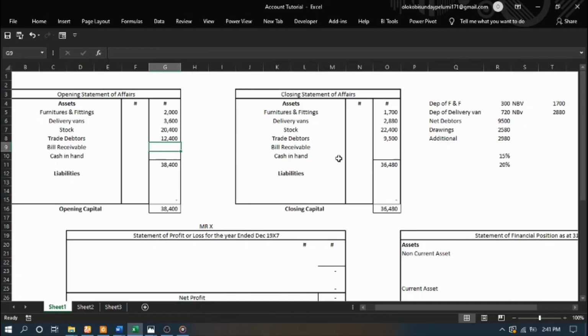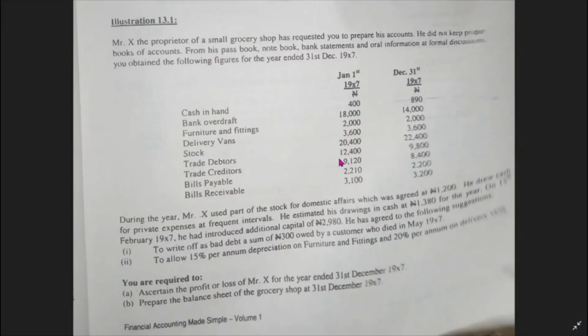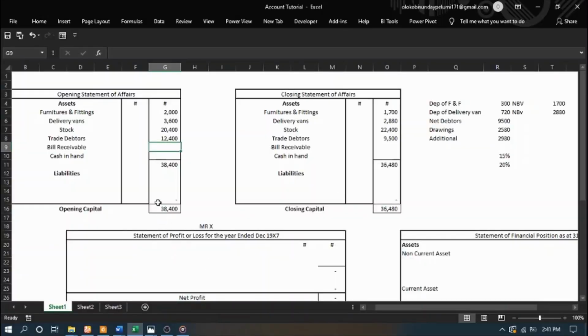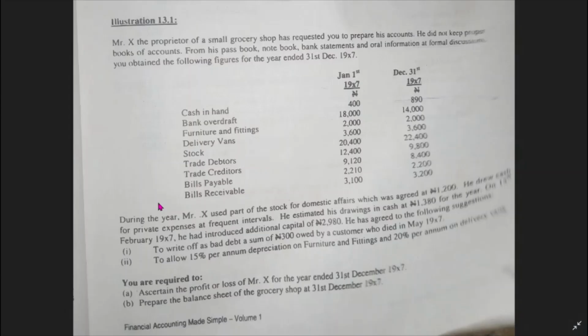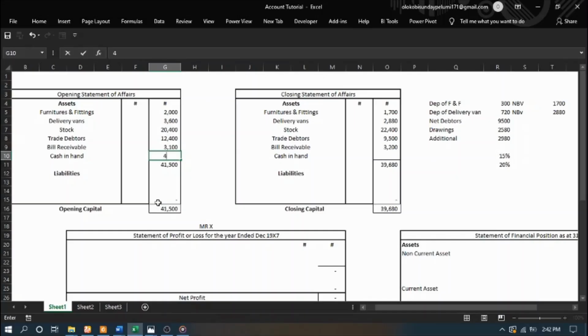Alright, so we have bill receivable 31, and here is 3,200. Now cash in hand is 400, 819.